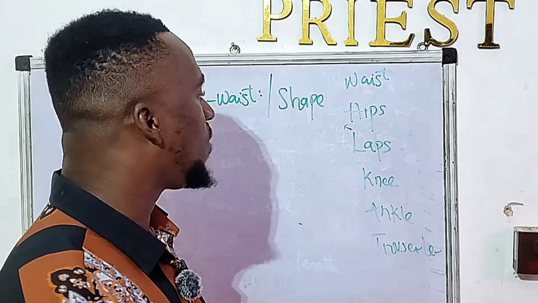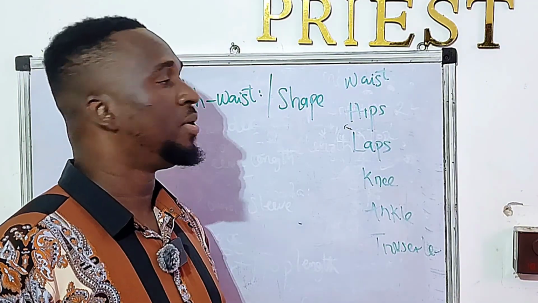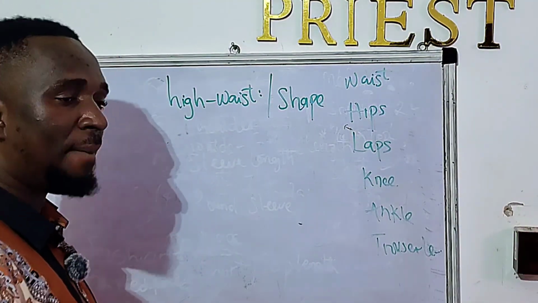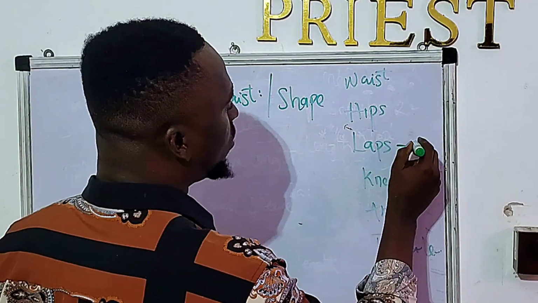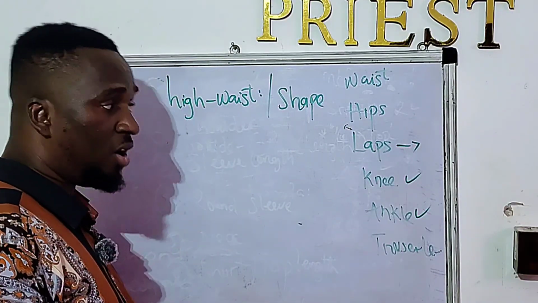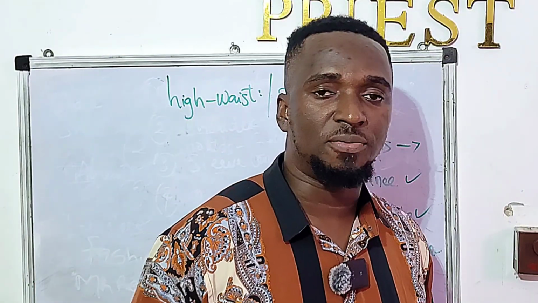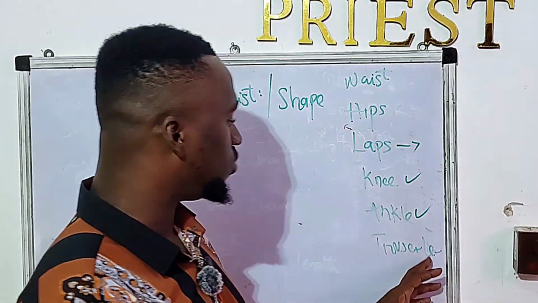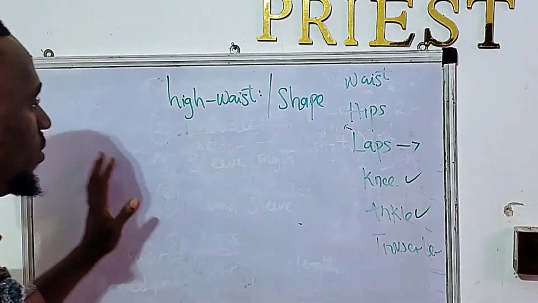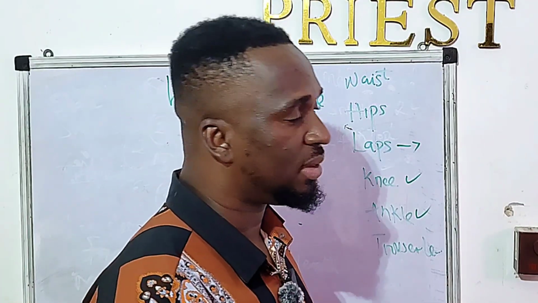So you're not going to measure this lap and knee, ankle as a fitted value. Rather, whatever be the lap measurement you have is what we use to make for your knee and your ankle, because it's usually fitted from the waist to the hip. From the lap, it flows all the way down to the ankle. So this is just an introduction on how to go about your measurement areas.